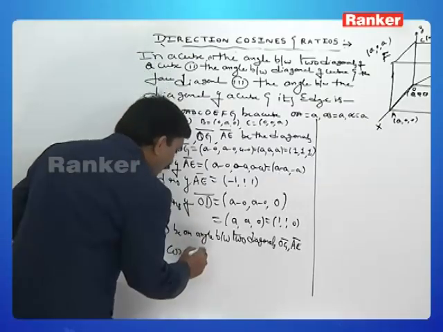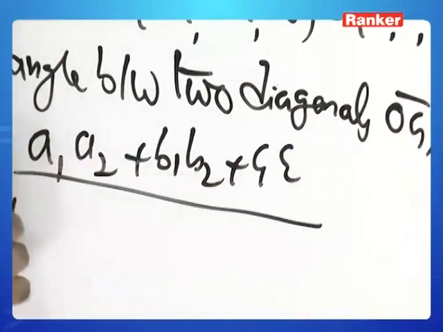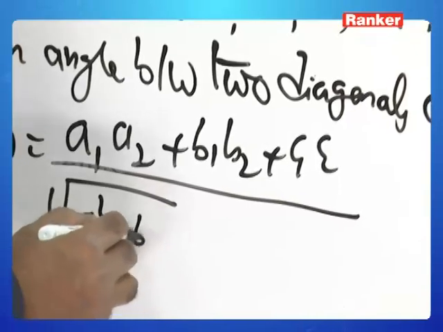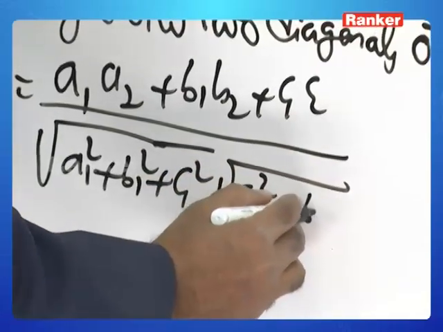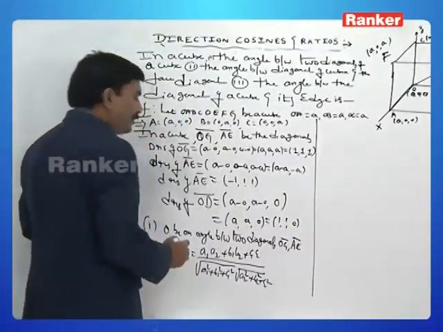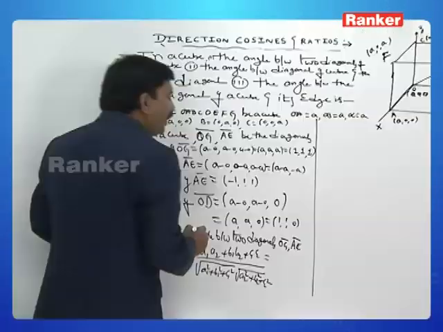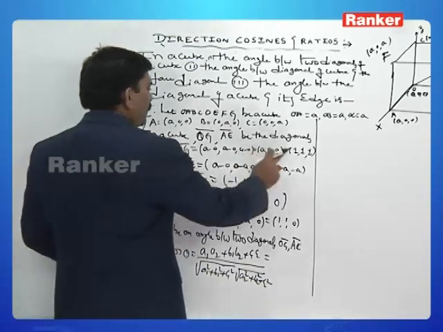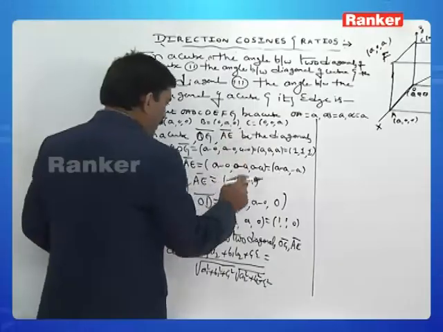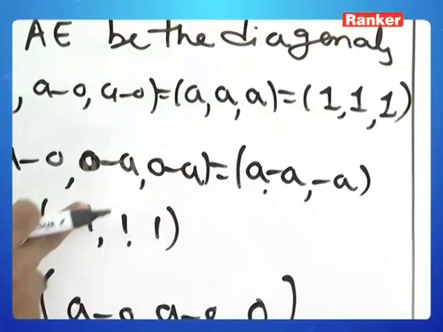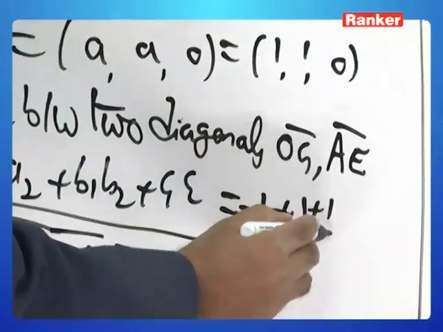Taking (a1, b1, c1) and (a2, b2, c2), the numerator is 1 into minus 1 plus 1 into 1 plus 1 into 1, which is 1.